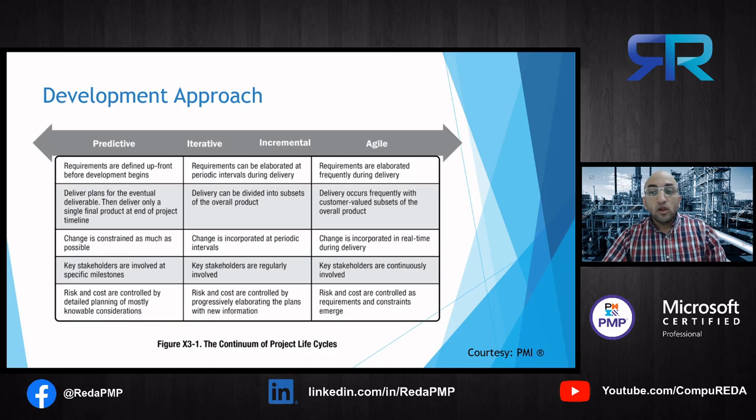However, for example, lots of software development project specifications are not fully defined upfront for lots of reasons, and it's not convenient to try to apply the predictive approach on them. Rather, they use the agile approach. In the agile approach, the requirements are elaborated frequently during delivery, in contrast to the predictive approach. This allows the seamless implementation of new changes and updates as they arise.